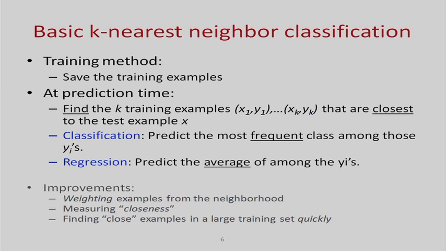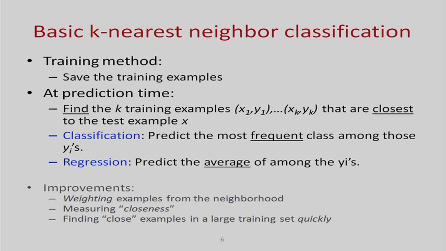For regression, you predict the average among the yi's. So, this is a very simple algorithm. What we will discuss are certain points related to this algorithm and how to improve it.